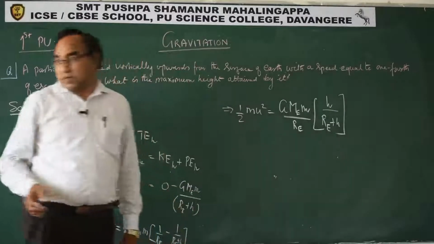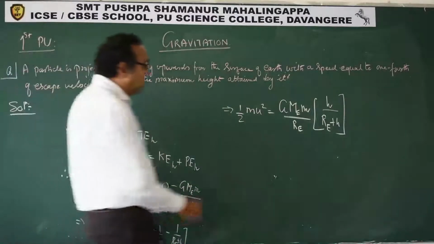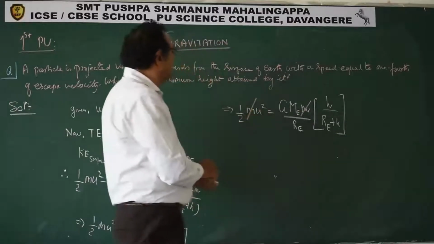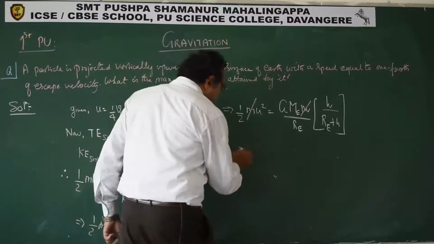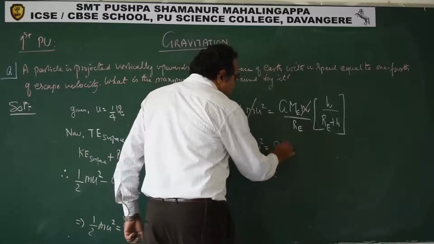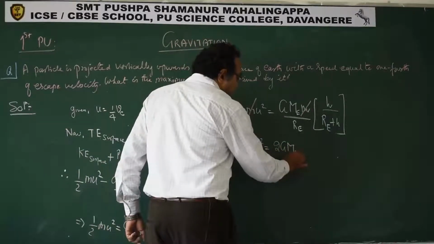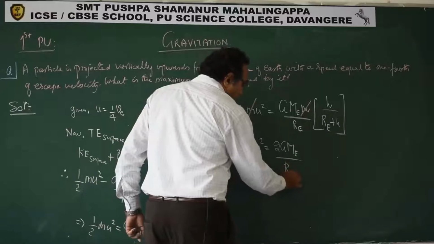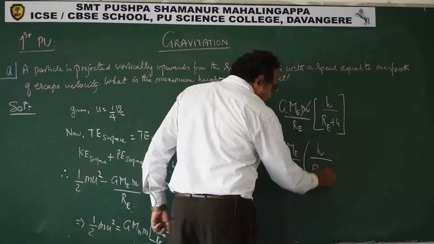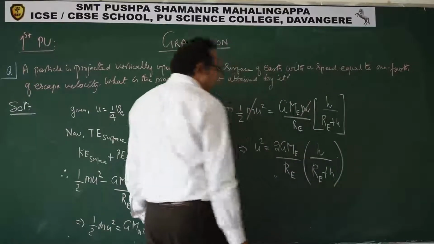Carefully observe, the mass term gets cancelled out here. This m and m cancels out. So what we have is u square is equal to 2 times GM upon Re into h by Re plus h. This is what we have.